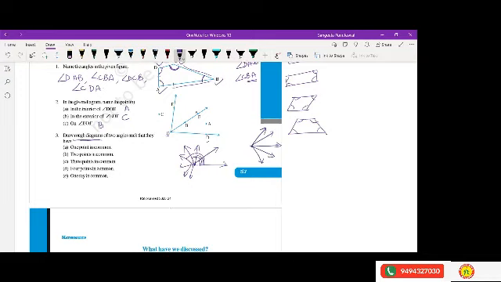As you have questions in this chapter, the same way you will get your questions in your exam also. Yes, good Lakshya.